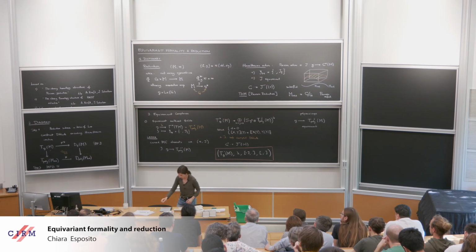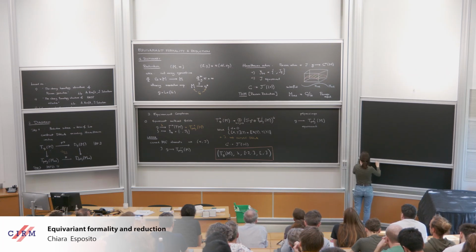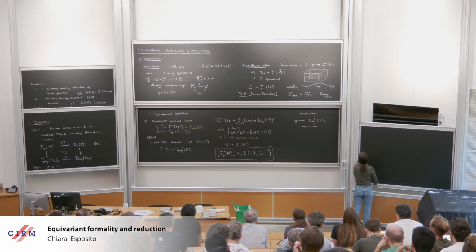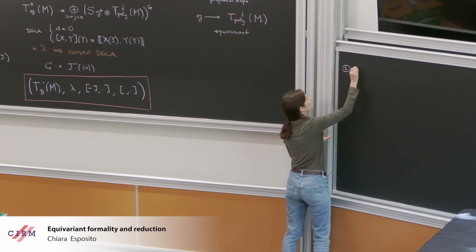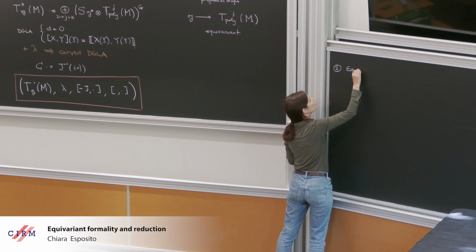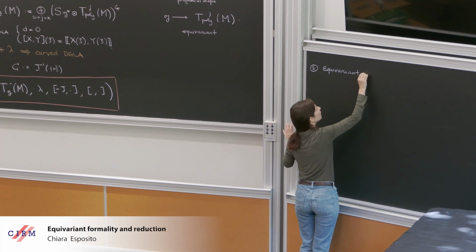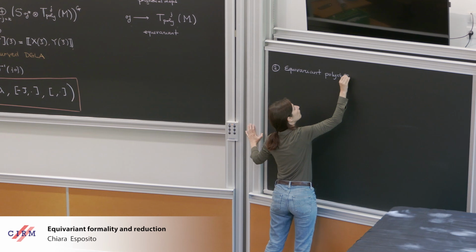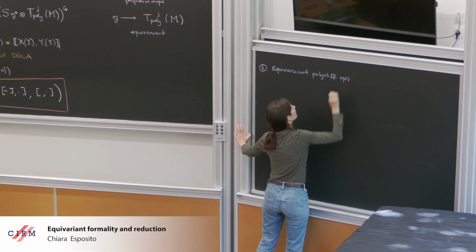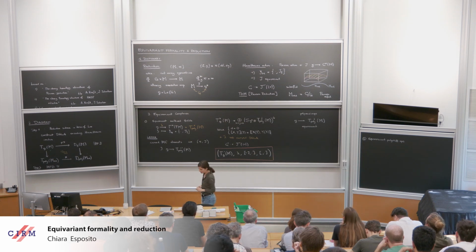Now, same story for the equivariant multivector polyvector differential operators. So I don't want to be too precise, but just to... so what we want to do, we want to use the same philosophy here.